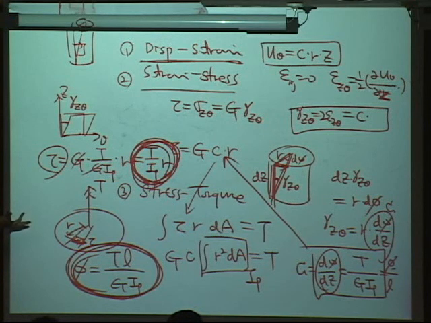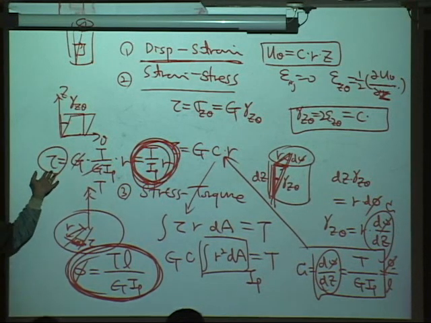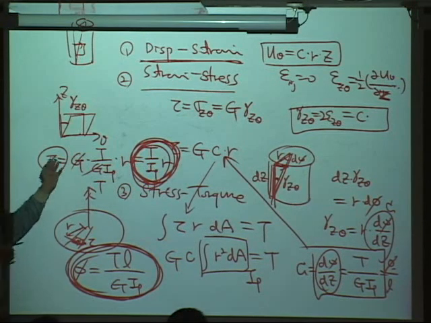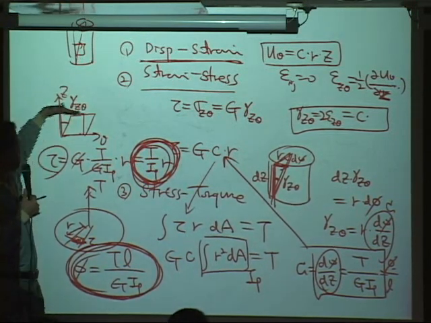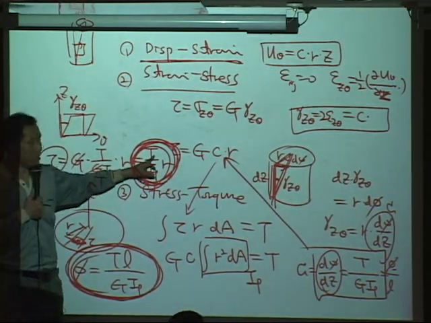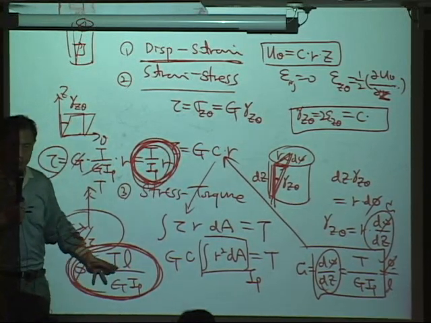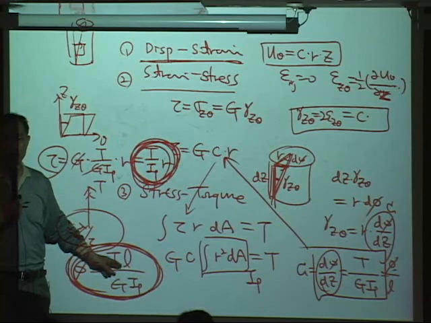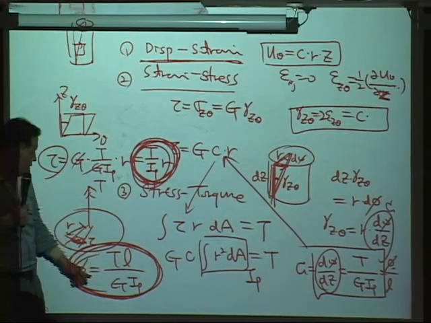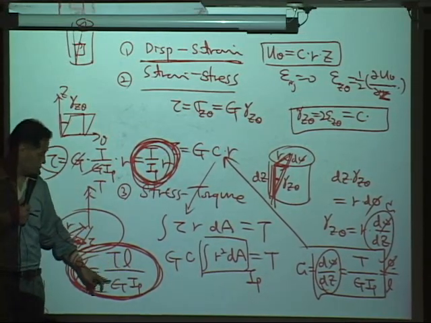Okay? The shear stress distributed over the surface should be T over IP times R, and the angle of twist of the shaft with length L is TL over G IP.